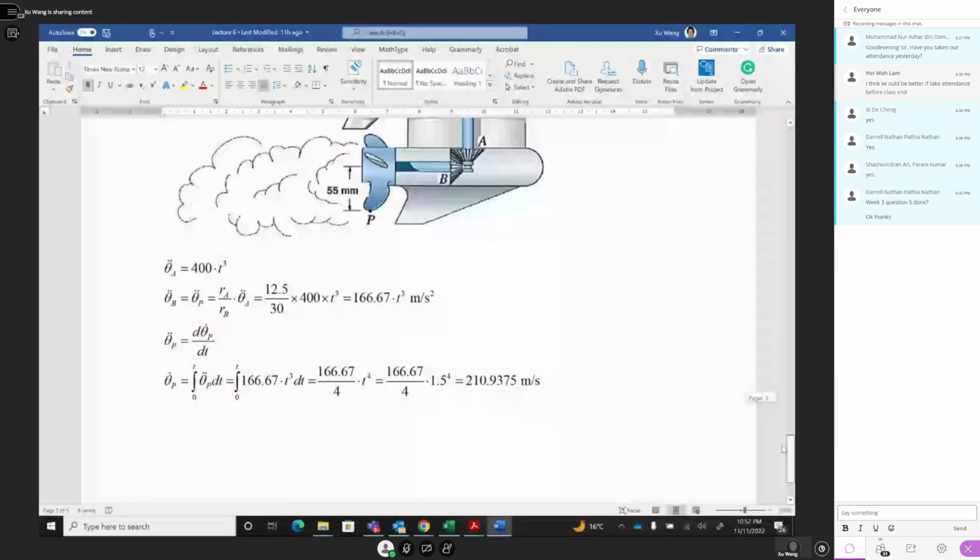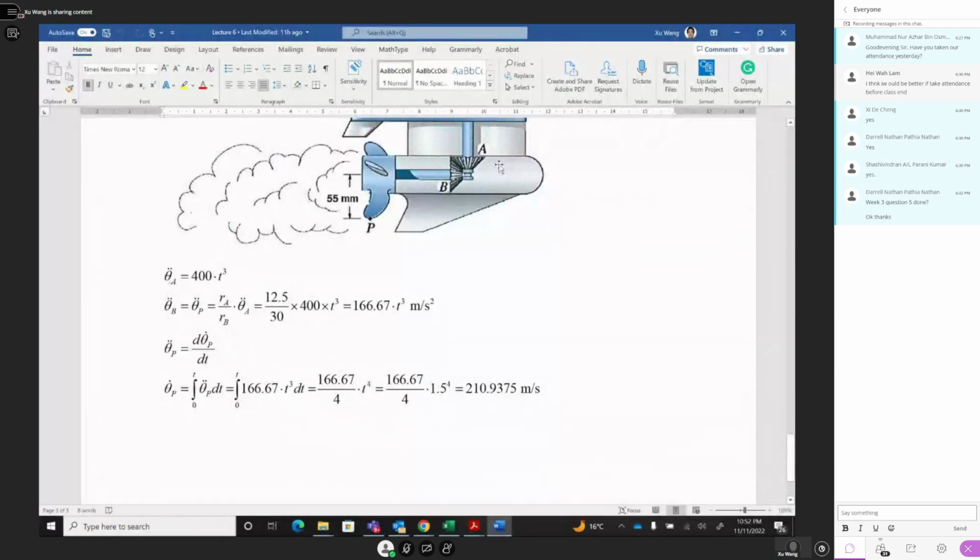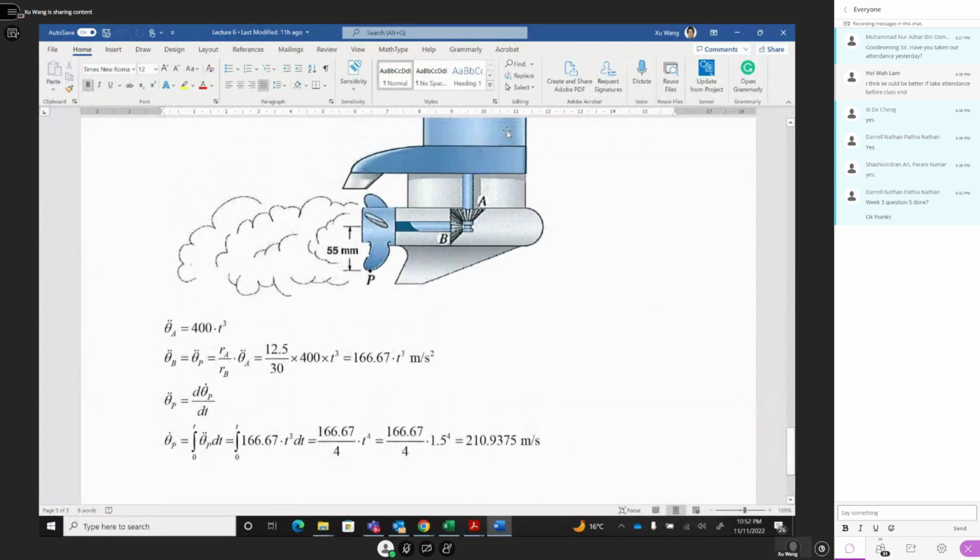For the drive shaft, the angular acceleration is 400 t cubed. But with the two gears meshing, you have RB times theta B equal to RA times theta A, and differentiate two times, which gives RB theta double dot and RA theta double dot. They should be the same because it's just differentiating both sides two times.